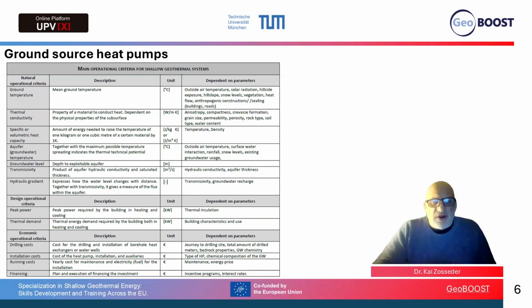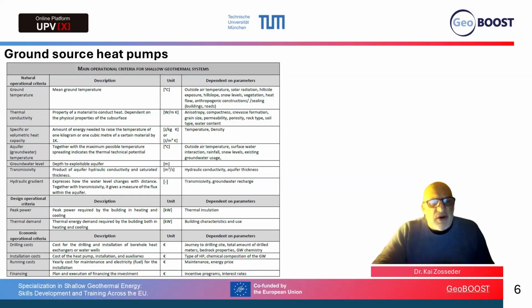Also to say what is the difference between the temperature of the groundwater and the temperature we need in the household. Some parameters like the hydraulic gradient also play a role. This also controls a little bit how fast the groundwater flows in the underground and how a thermal plume, so how the heat, is actually transported in the underground. So these are some key parameters.